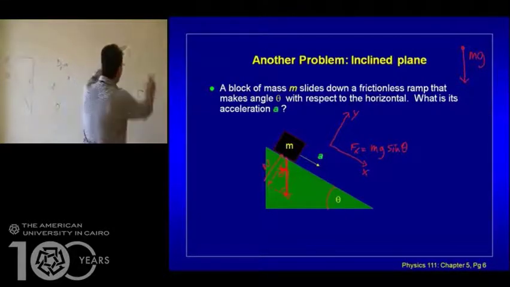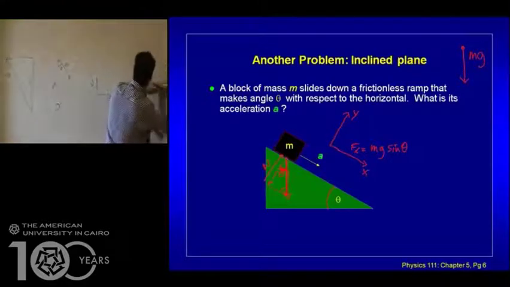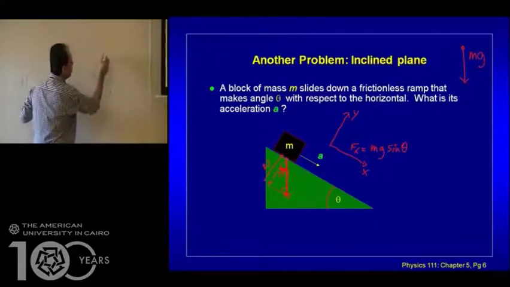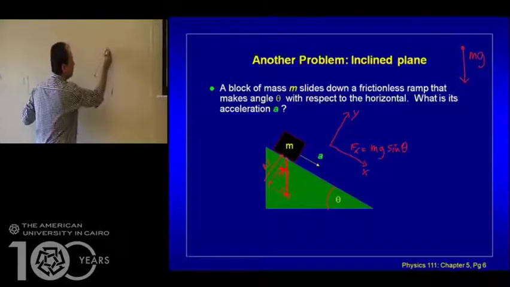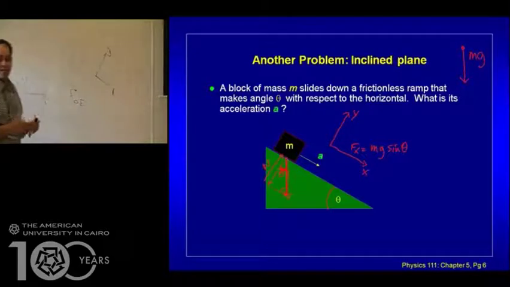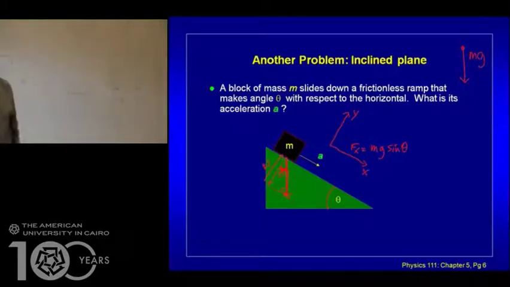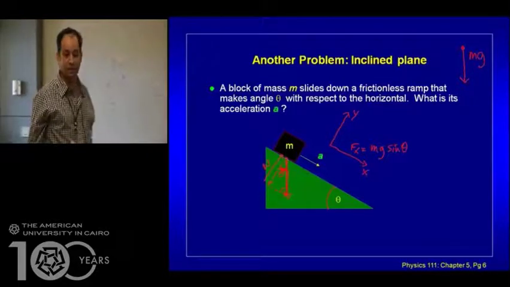So if the object is going to move like this, then this is my coordinate system. This is the x-axis, and this is the y-axis. This simplifies things. That makes our life a little bit easier.